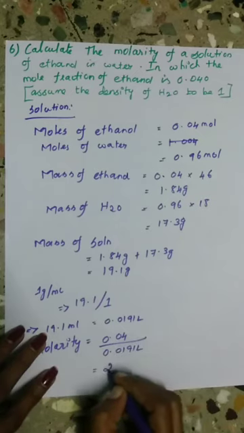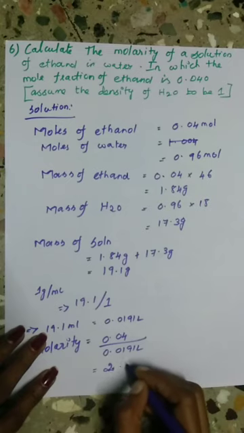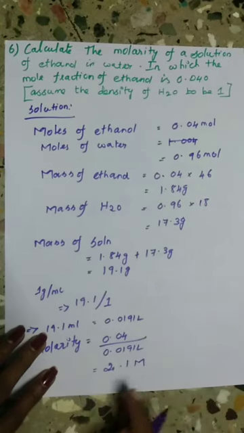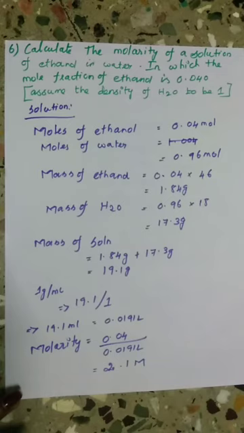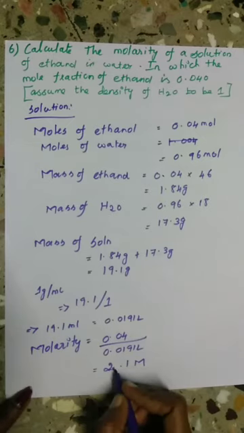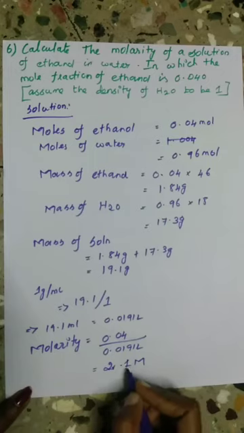The answer is 2.1 molarity. So the molarity of the solution of ethanol in water is 2.1 molarity.